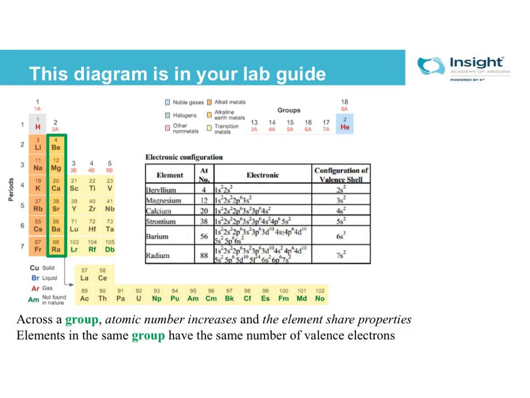The electron configuration for group 2, you can see that they all end with the same number of valence electrons, or in that last shell where the electrons exist, they're all s2. 3s2, 4s2, 5s2.